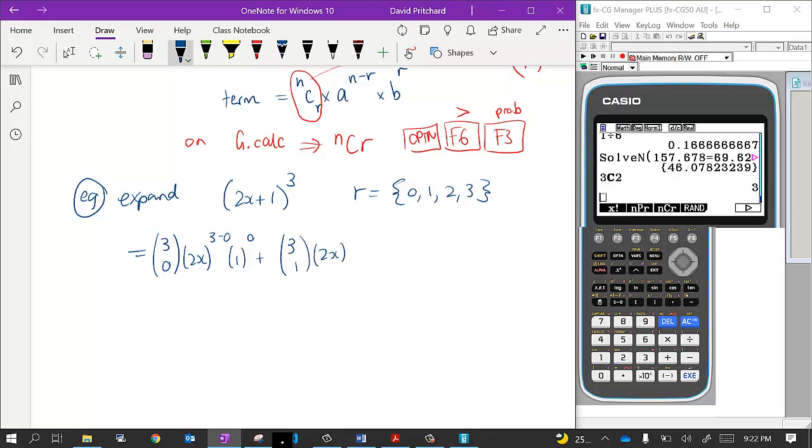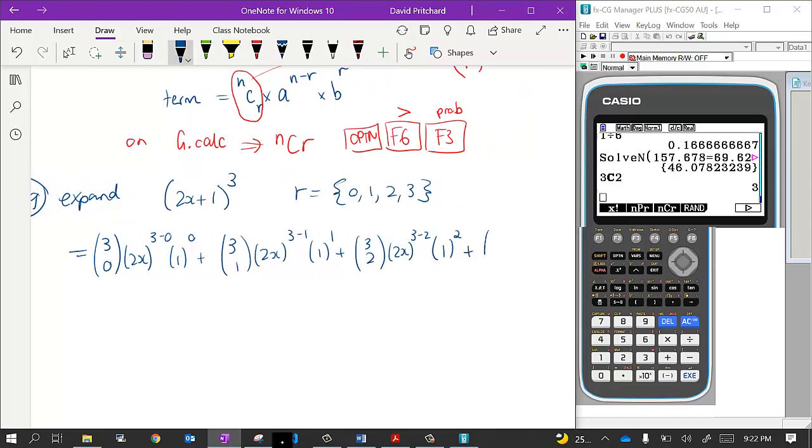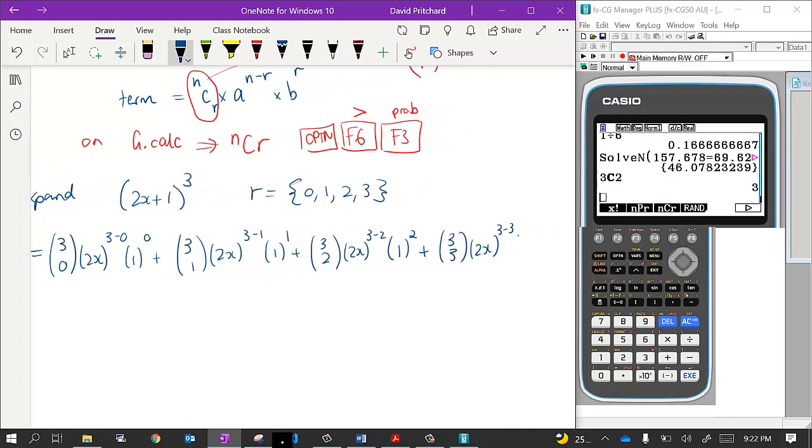The only difference is r is 1. The next term, 3C2, 2x to the power of 3 take 2, 1 to the power of 2, and then finally we've got 3C3, 2x to the power of 3 take 3, and 1 to the power of 3.